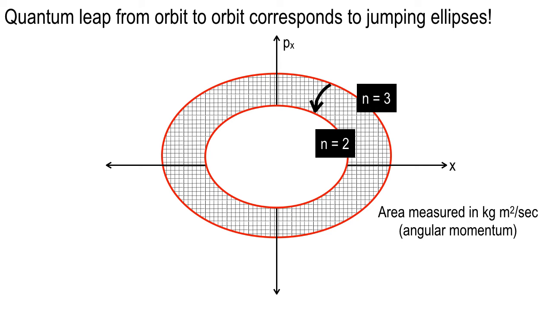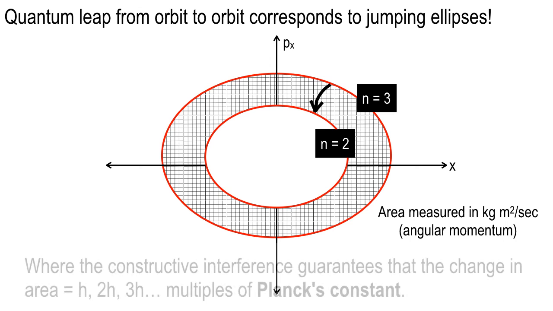And what we find is in the atom that those quantum leaps from like n equals 3 down to n equals 2 for hydrogen, that gives you the H alpha photon. That corresponds to jumping ellipses from one energy state down to the next, kind of like on homework X. And now you know why I was thinking ellipses with homework X.